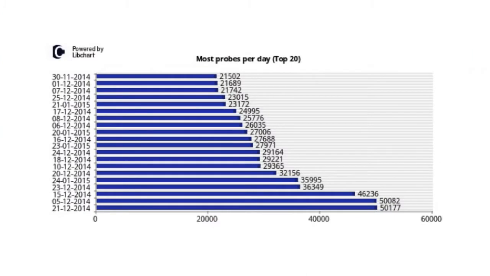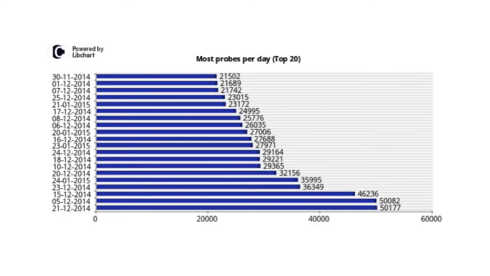Again, I did most of this analysis using Pipal, which is a software package by Robin Wood. But this time I also added some graphs that I got from Kippo Graph. The first of those is this one here, which shows the top 20 days in the last 5 months where we got most of the probes.